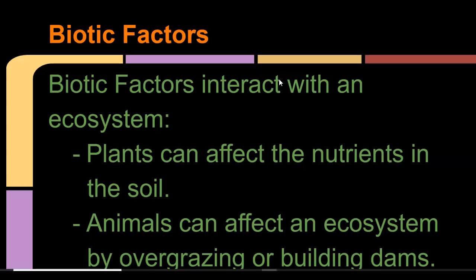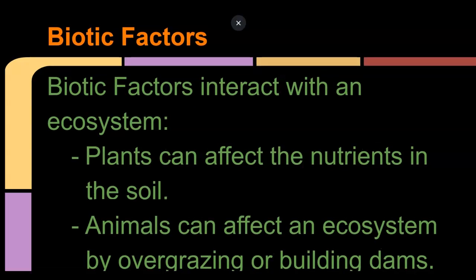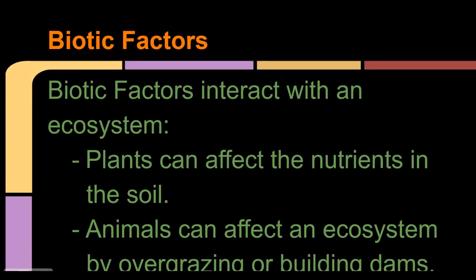Animals can affect the ecosystem because animals can kill too many plants, but it's humans chopping them down, or it can be just like a herd of cattle overgrazing a field. If you've ever seen like a horse pasture where there's too many animals, they have actually killed them off.